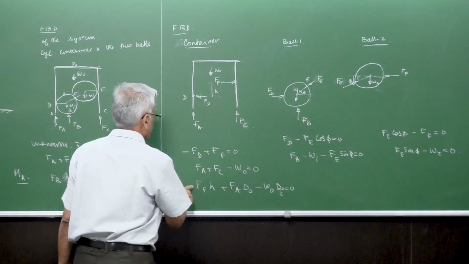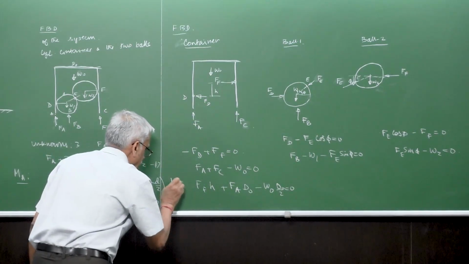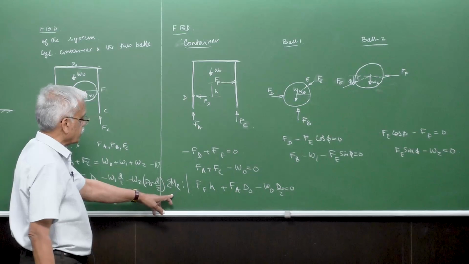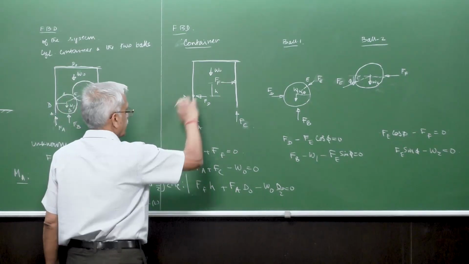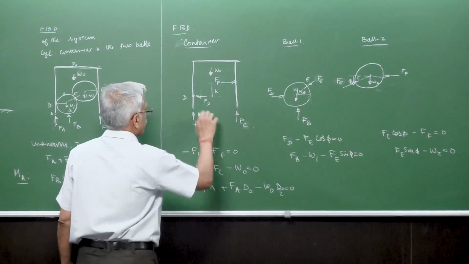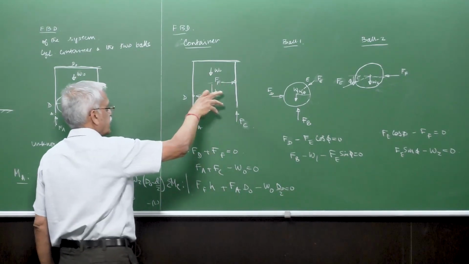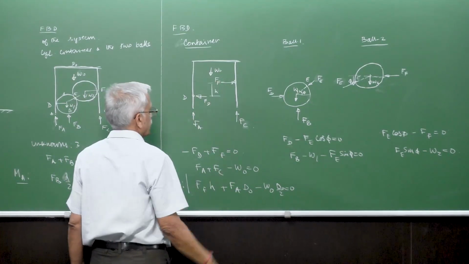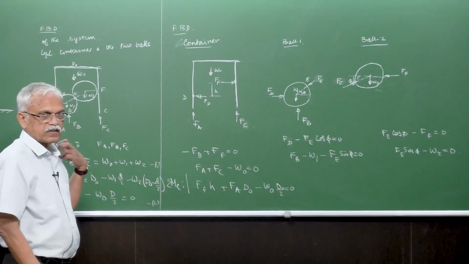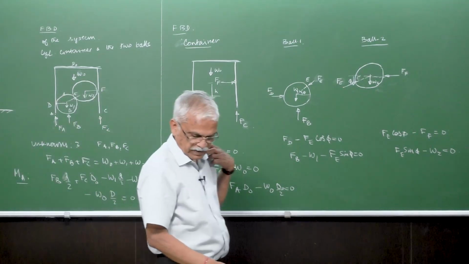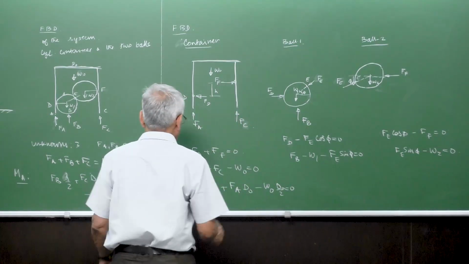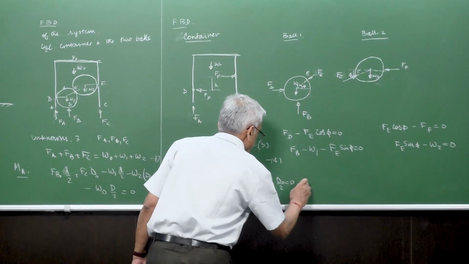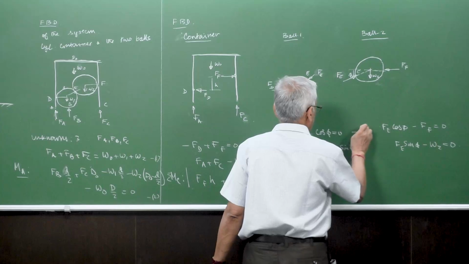Taking moments about C, we have Ff into h, this moment, and also add Fa into d naught by 2, and this is the negative, that's all. Okay, so this gave the three equations. Let us number them: 1, 2, 3, 4, 5, and 6.